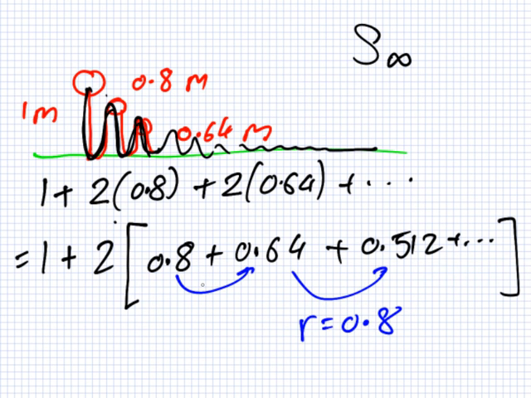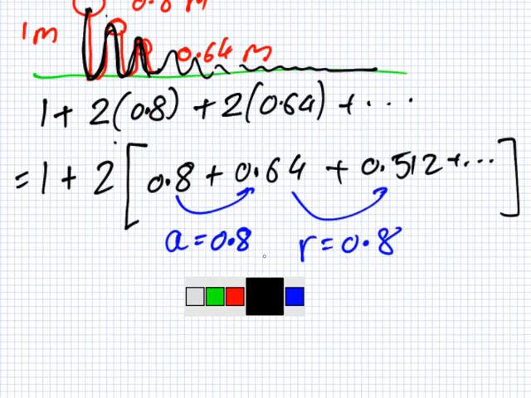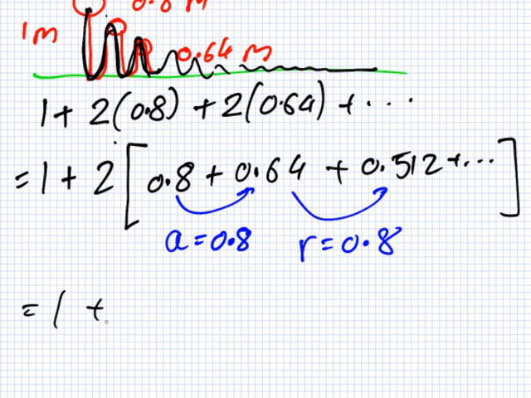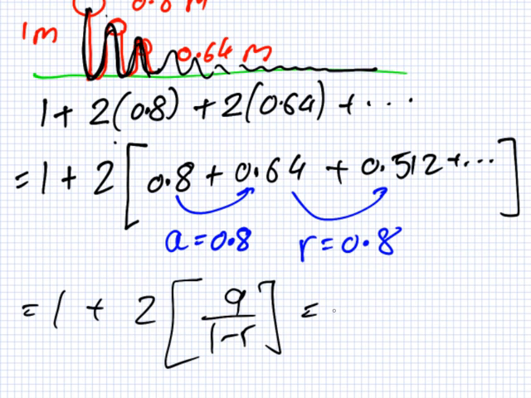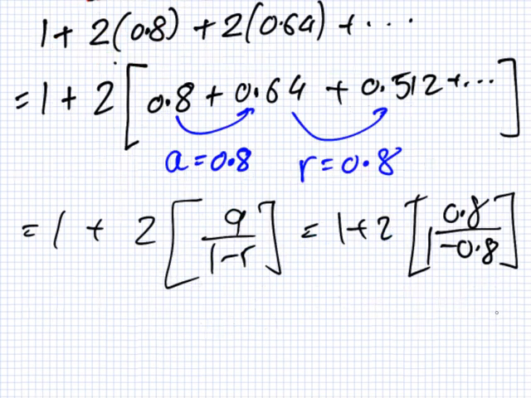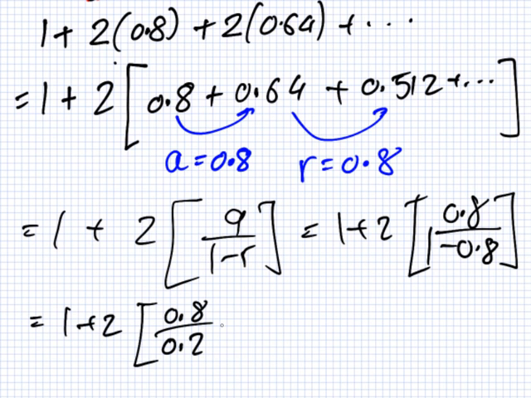What's the first term here? It's also 0.8. So we can use our formula: 1 plus 2, a over 1 minus r. That's 1 plus 2, 0.8 over 1 minus 0.8. That's 1 plus 2, 0.8 over 0.2.